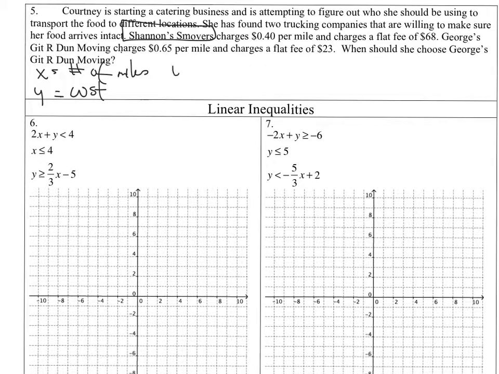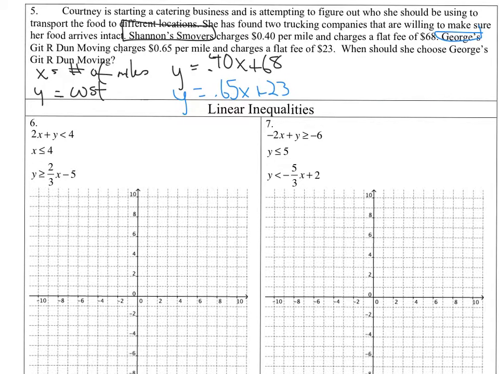So I'm going to have the cost equals 40 cents for every mile plus $68. And then for George's, Get Her Done, y equals 65 cents per mile plus $23.